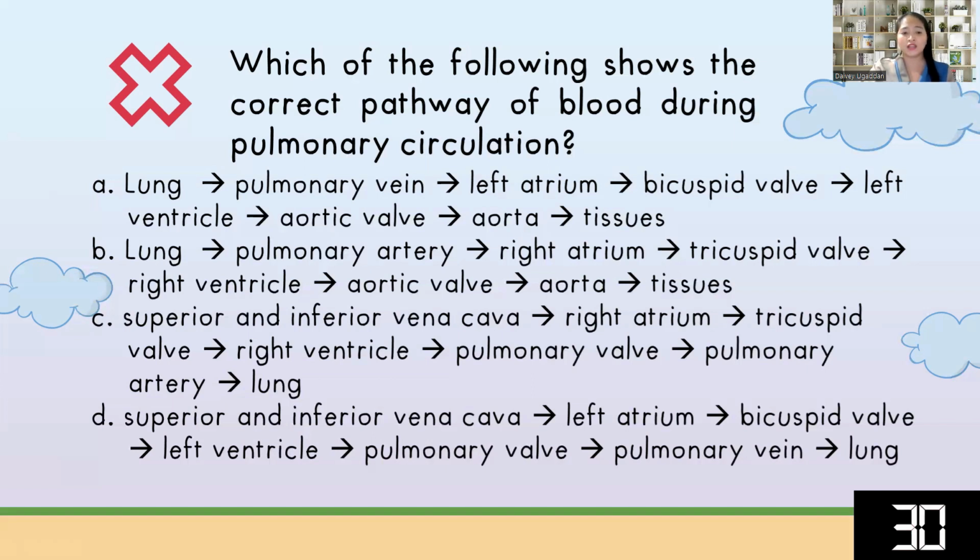C, superior and inferior vena cava to right atrium to tricuspid valve to right ventricle to pulmonary valve to pulmonary artery to lung. And D, superior and inferior vena cava to left atrium to bicuspid valve to left ventricle to pulmonary valve to pulmonary vein to lung. Key in your answer in the comment section.